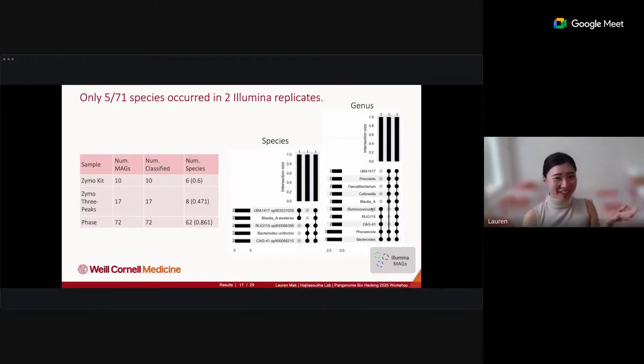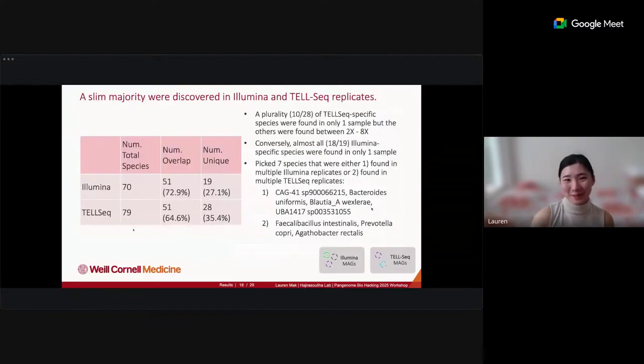So that's kind of what I've done with the Microbiome in a Bottle project. I have sequenced the same sample dozens of times. And one of those ways that I sequenced them was with TELL-Seq synthetic long-read sequencing. And I've also taken all of that data and made MAGs with them as well. So I discovered in total 70 species with the Illumina MAGs over 3 replicates.